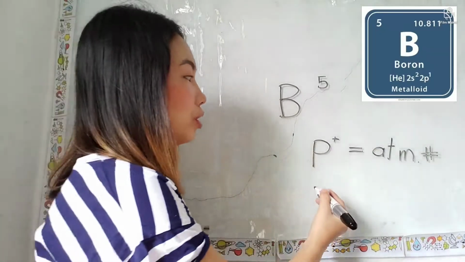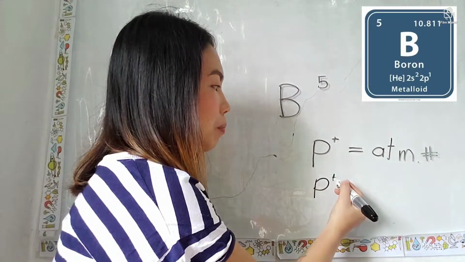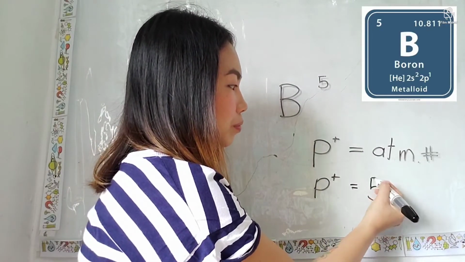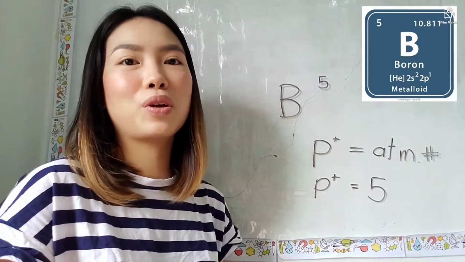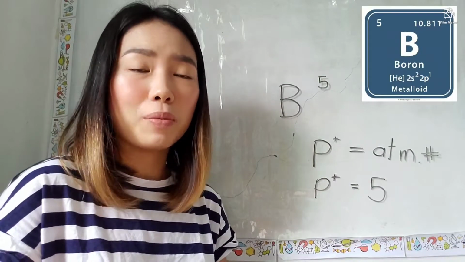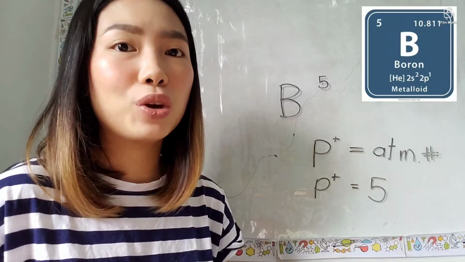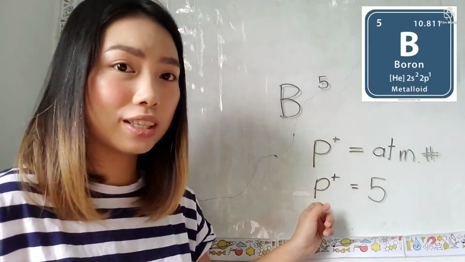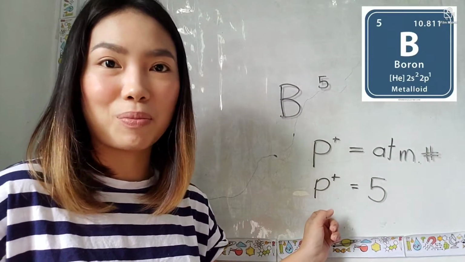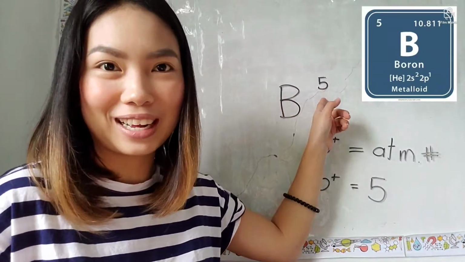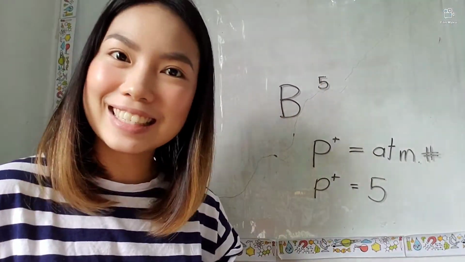So ang proton ng boron is equivalent to 5 protons. Because you always take note, for you to find the value of proton, it is the same as the atomic number. It is as easy as that.